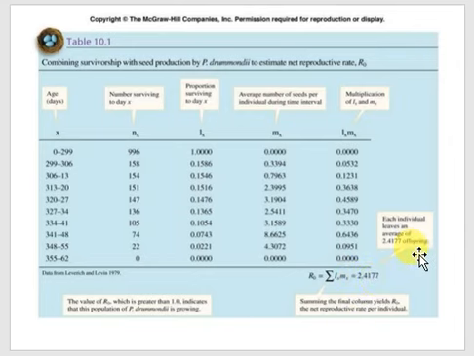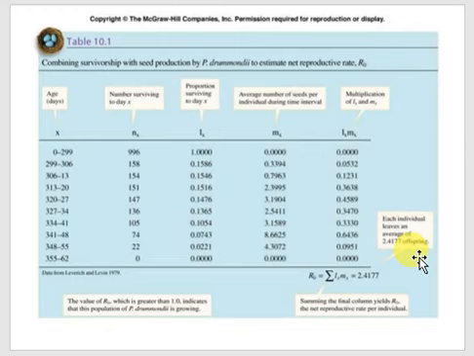So that means each individual leaves on average about 2.4177 offspring, right? So that's like an estimation of their true reproductive yield based on how many offspring they leave or generate that survive.